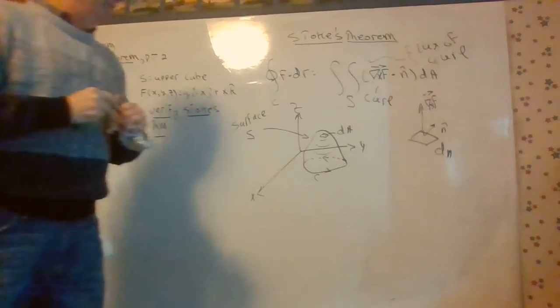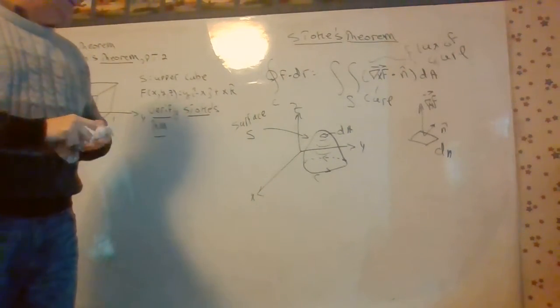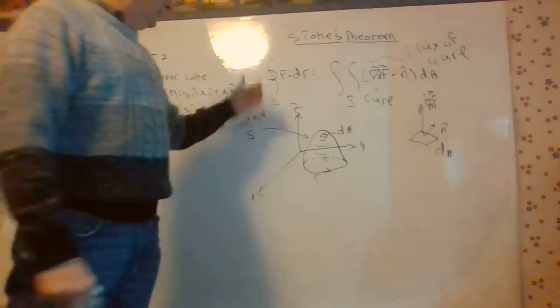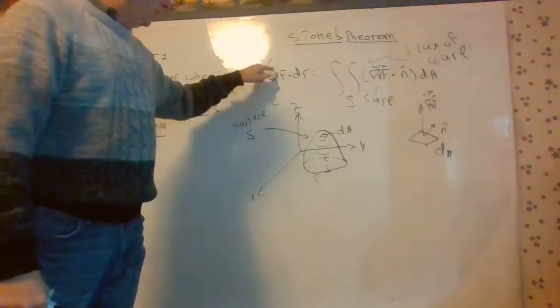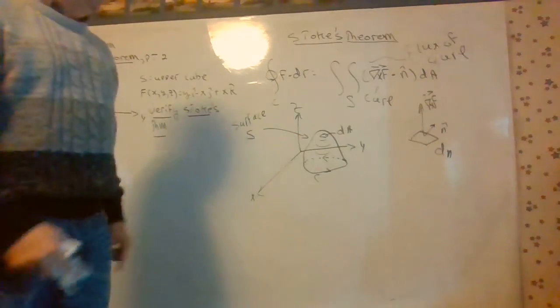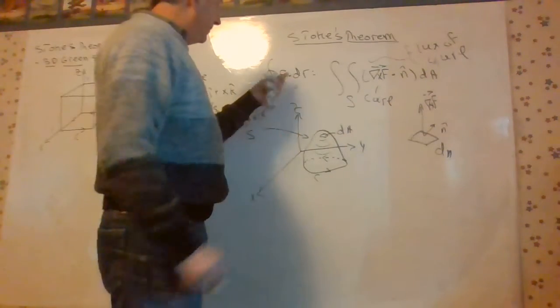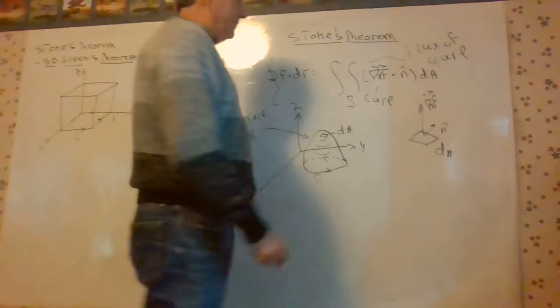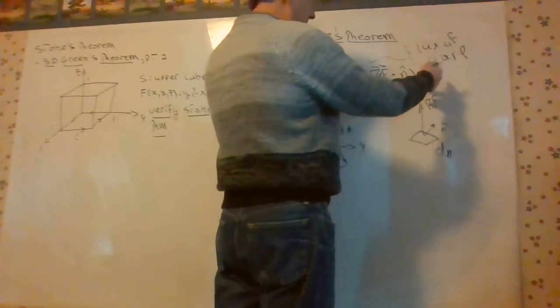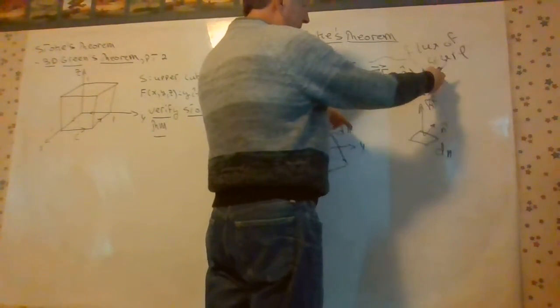If you can conceive of that, it turns out the flux of the curl is equal to the work integral around it, which if you think of this as a work integral, then this also has to give you work. This is area.